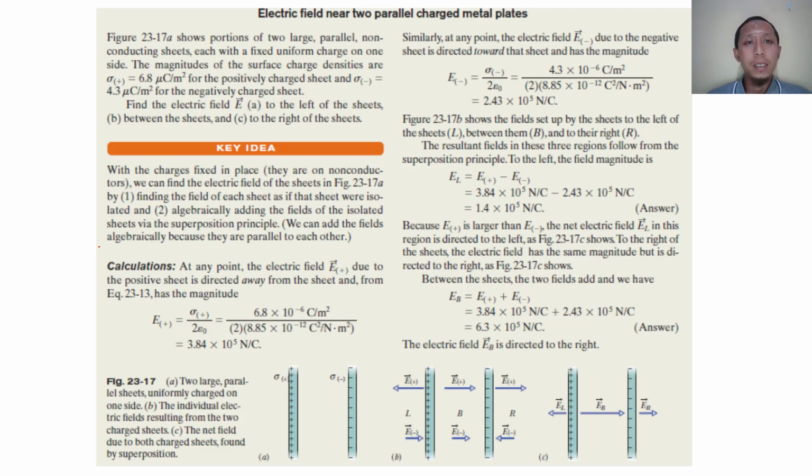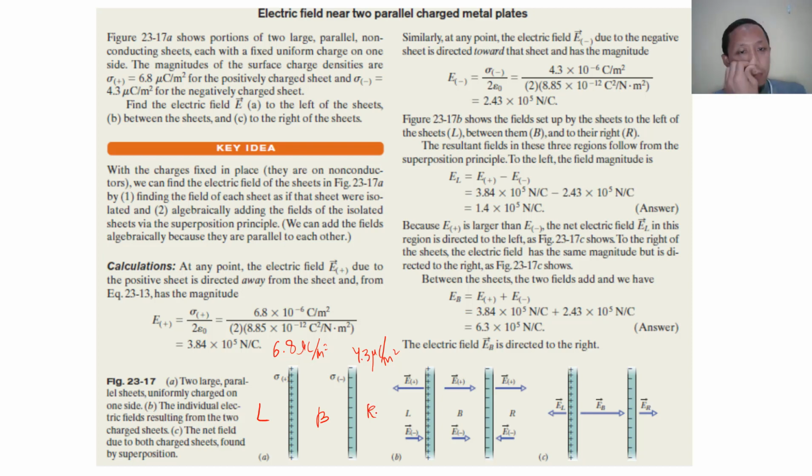The magnitude of the surface charge density of the positive sheet is 6.8 microcoulomb per meter squared, and the density of the negative charge is 4.3 microcoulomb per meter squared. Then find the electric fields to the left of the sheets, between the sheets, and to the right of the sheets.